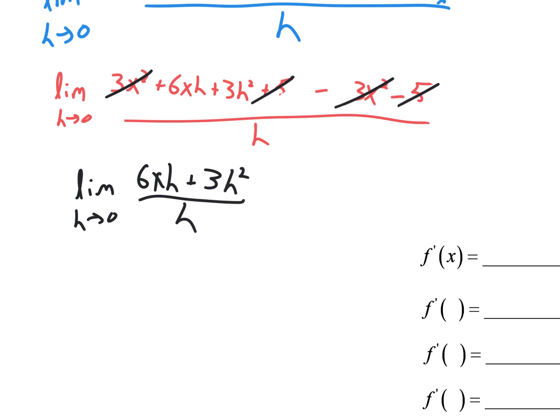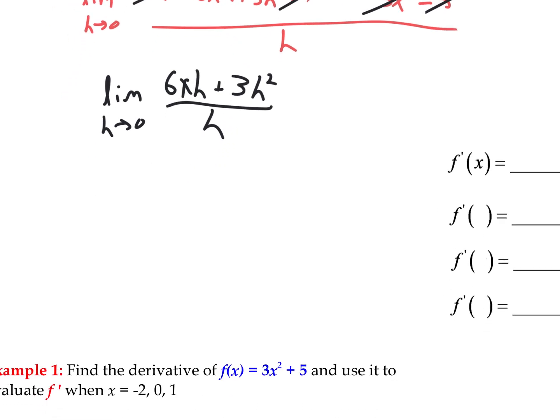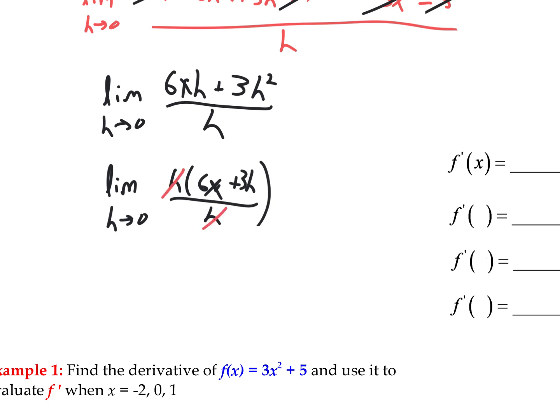Well, hey, there's a GCF up top. There's a GCF of h. So I've got the limit as h goes to 0 of h times the quantity 6x plus 3h, all over h. Well, now these h's can cancel. So I've got the limit as h goes to 0 of 6x plus 3h.